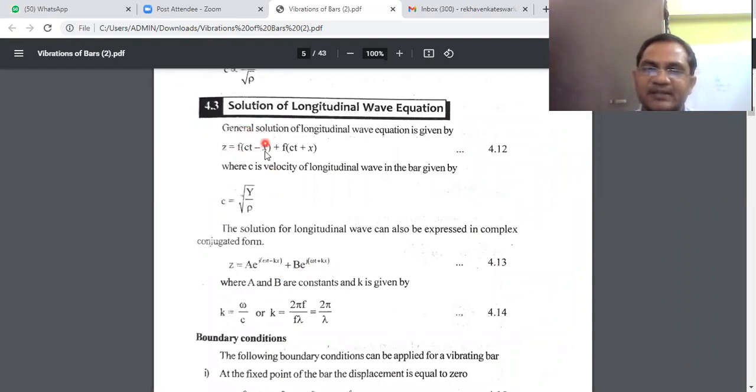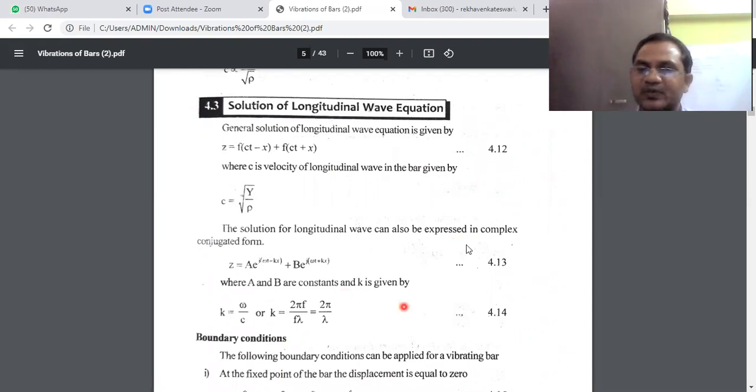Instead of f of (ct minus x), we have taken the first term, and instead of f of (ct plus x), we have taken the second term. Here A and B are constants, ω is the angular frequency, ω equal to 2πf, and k is the propagation constant, k equal to ω by v, which is 2πf by fλ. The f cancels, so k equals 2π by λ.